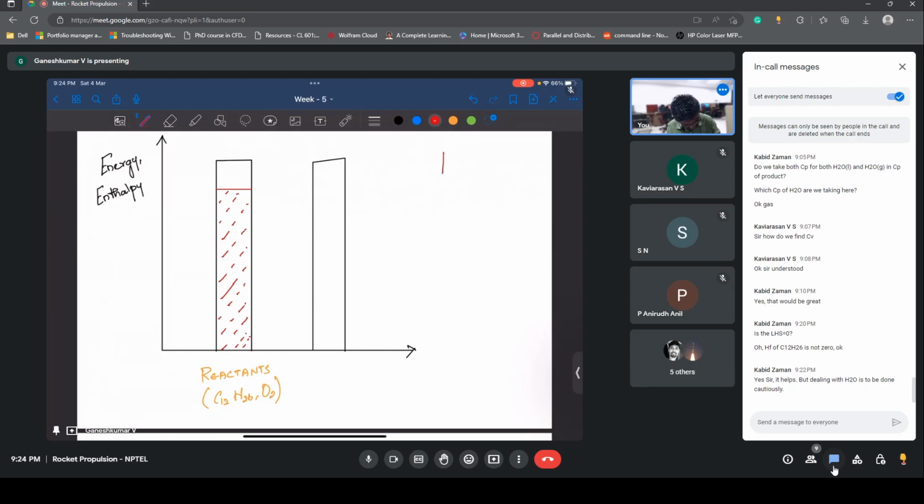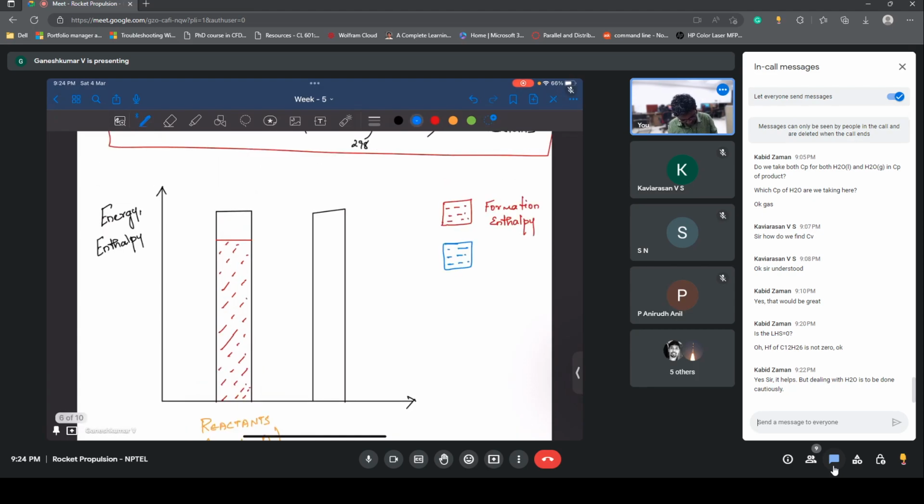So this thing is formation enthalpy, and then the remaining we have is going to be sensible enthalpy. In our case, this sensible enthalpy is 0 at the reactant side because we are at 298 Kelvin only.